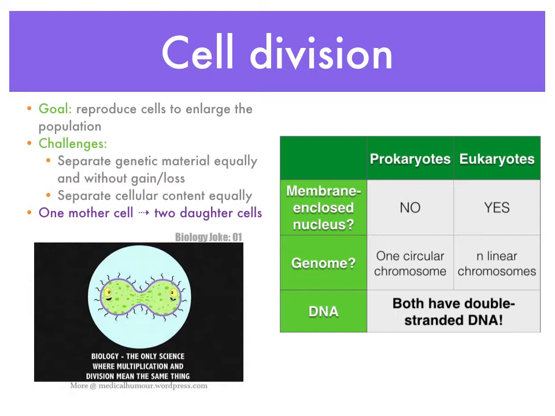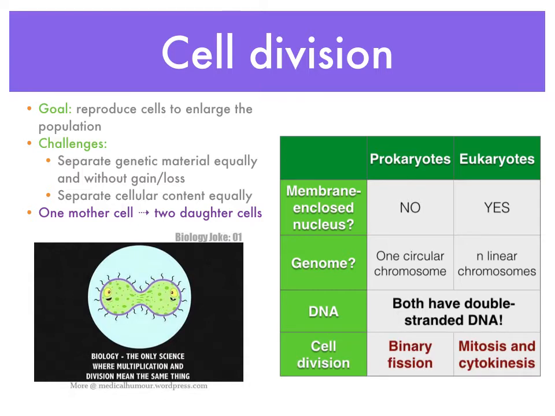Remember that both prokaryotes and eukaryotes have double-stranded DNA, and nothing has single-stranded DNA, okay? One unique double-stranded DNA makes a single chromosome, but it is still a double-stranded DNA.